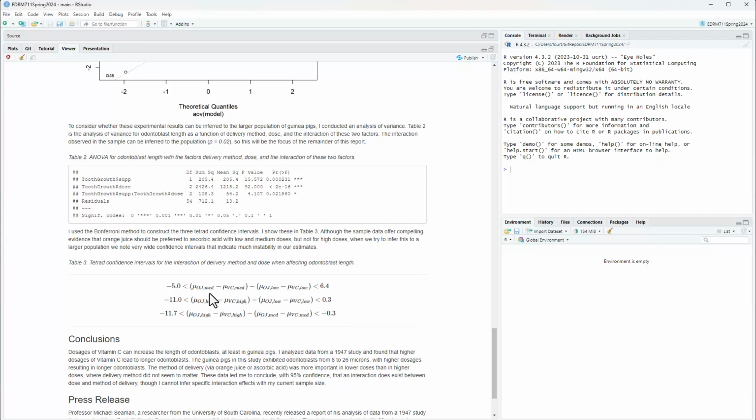We look at the effect of orange juice versus vitamin C for a medium dose, and the effect of switching from orange juice to vitamin C for a low dose. I like to focus on those two individual numbers, and then we can put them together and get boundaries for the difference of the differences, that is, the difference in the effects of switching from orange juice to vitamin C in medium and low doses. So we focus on the tetrads.